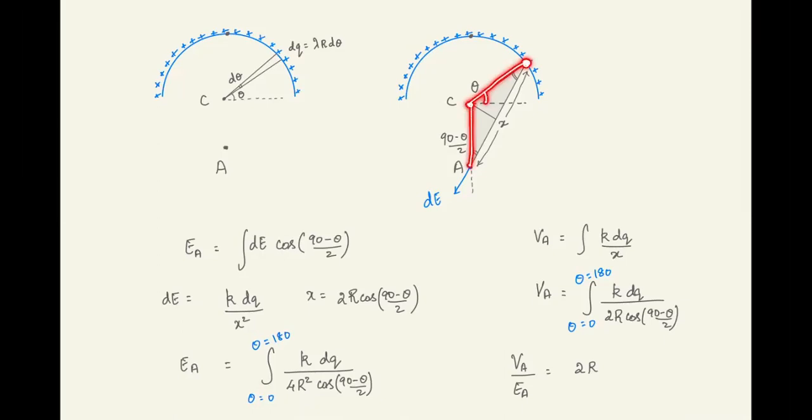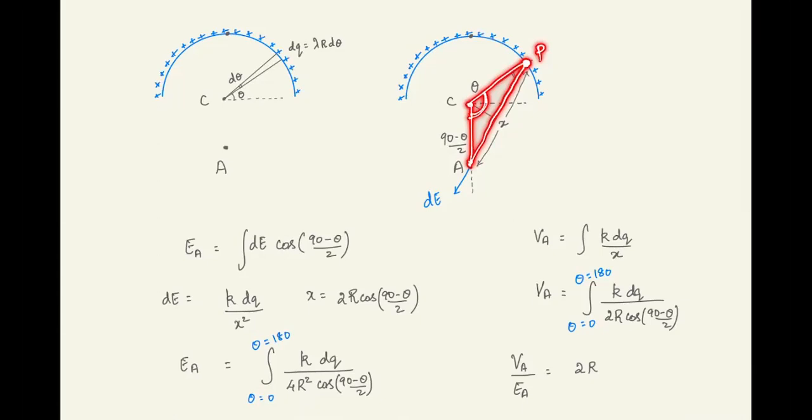So if we join C to A and C to the element on the ring, they are going to be equidistant, radius. So the triangle which is going to be constructed, see, x is the distance of the element from point A. The triangle which is going to be constructed is an isosceles triangle. Now angle ACP, that angle is going to be 90 plus theta.